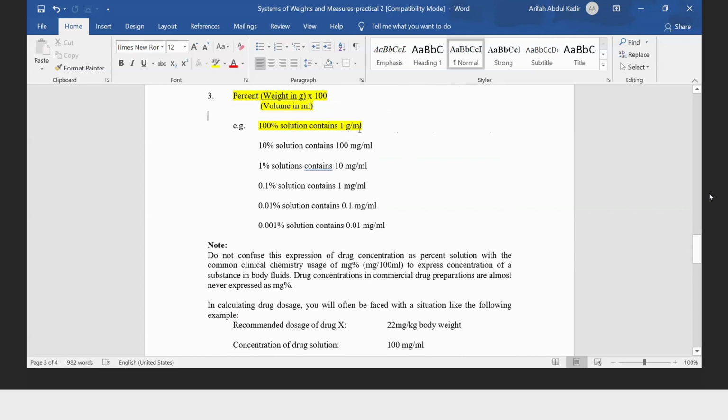This is 1 gram in 1 ml. If we want to convert ml to liter, how much is 1 ml in liter? 0.001. Yes. So you will have 1 gram per... what was it earlier?